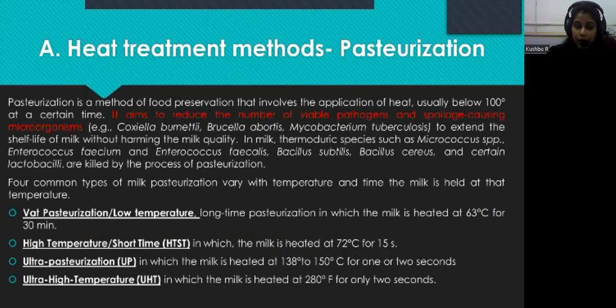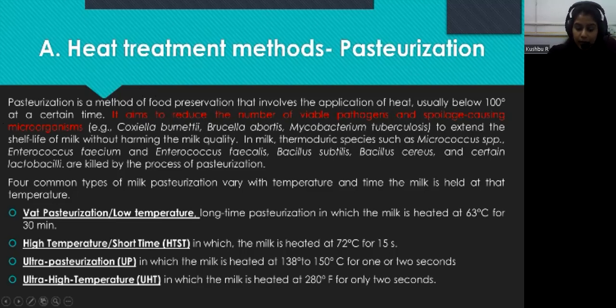So pasteurization is again of various types, where we call them as VAT pasteurization or the low temperature pasteurization, where the temperature that is required to pasteurize is minimal, that is 63 degrees Celsius, and the time duration is about 30 minutes. And next we have high temperature short time, where we require about 72 degrees Celsius for 15 seconds.